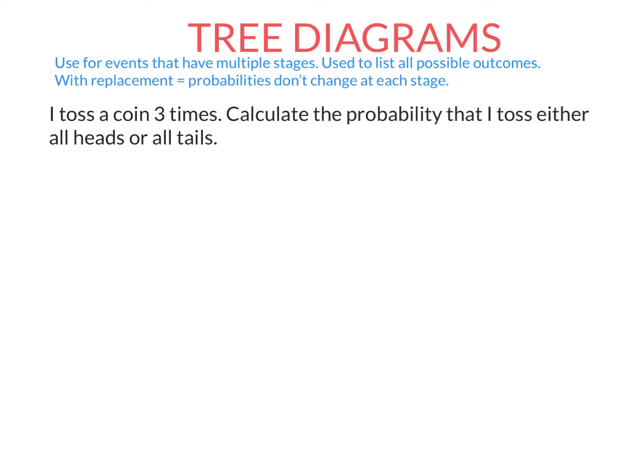What we do with the tree diagram is list the outcomes at each stage. So we're going to have a column where we toss the first coin, then we toss the second coin and the third coin. Remember, the point of making the tree diagram is to list all possible outcomes.